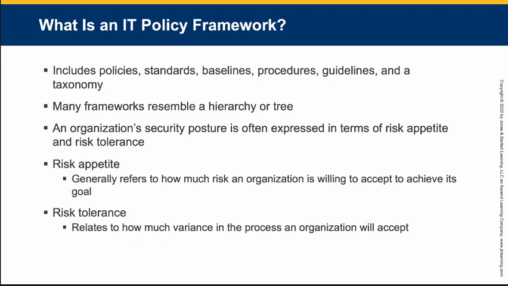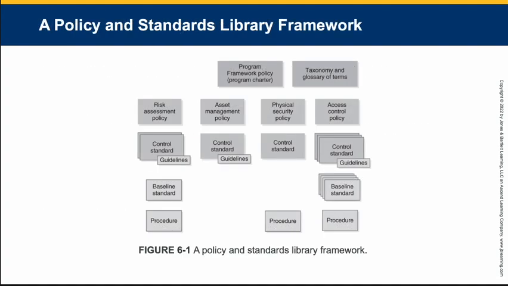So let's take a look at this framework as we mentioned. The next diagram shows a tree diagram, top to bottom. On the top we have the policy glossary or taxonomy. The second level we have the policy, which equals the risk assessment, physical security and access control.